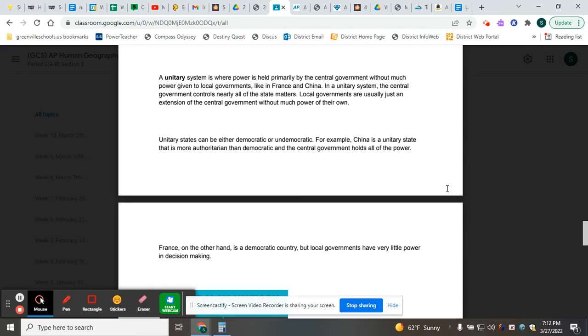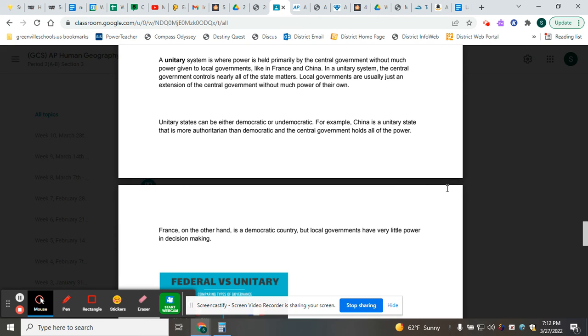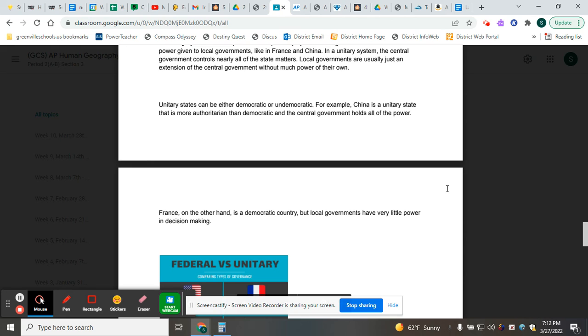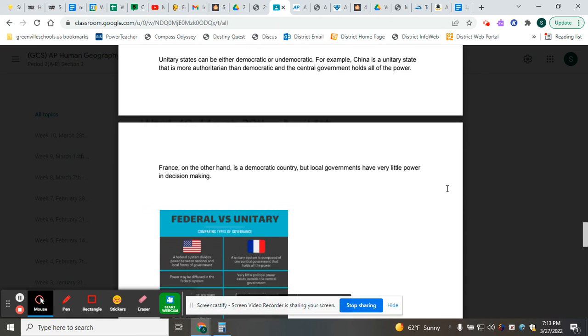Local governments are usually just an extension of the central government, without any of their own sovereignty or ability to do their own thing. Unitary states can be either democratic or undemocratic. I mentioned China as an example of a unitary state that is also authoritarian, but France is democratic and is also a unitary state.